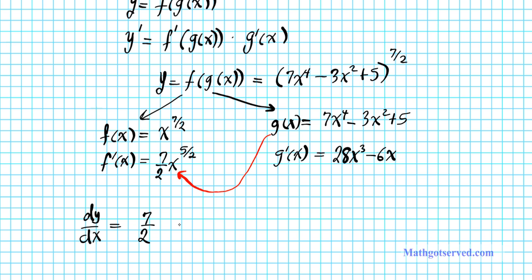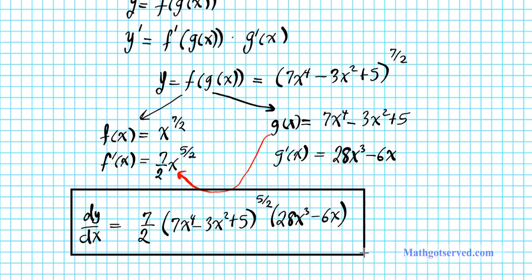Instead of x, we plug in g of x, which is 7x to the fourth minus 3x squared plus 5, raised to the 5 halves, times g prime of x, which is 28x to the third minus 6x. All right, so there goes your final answer.